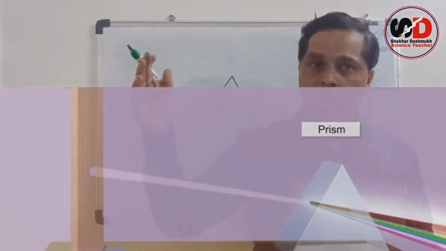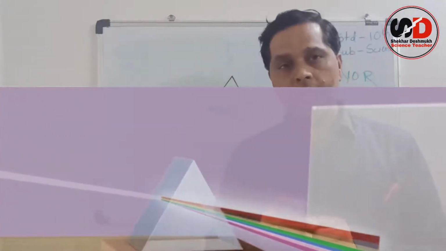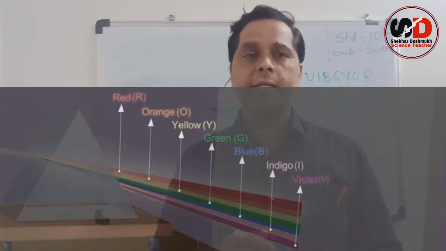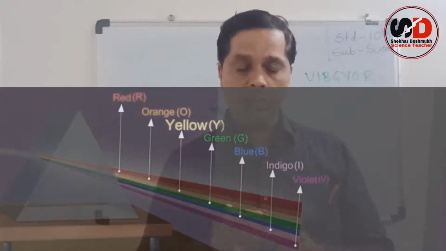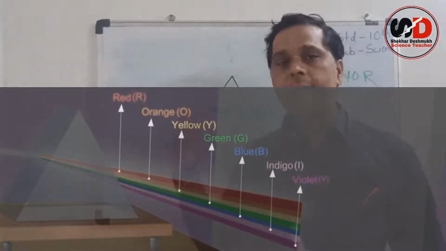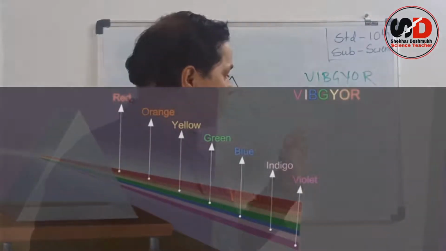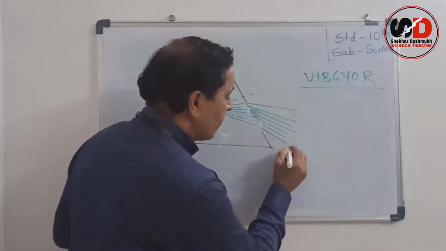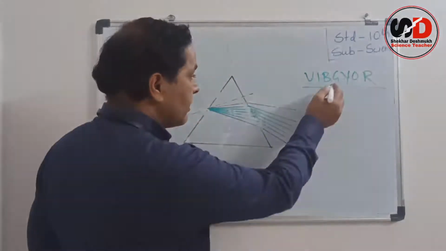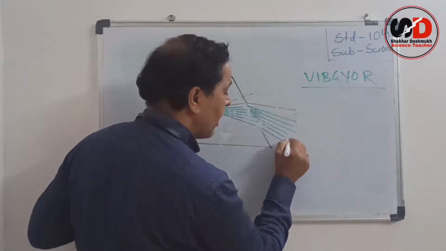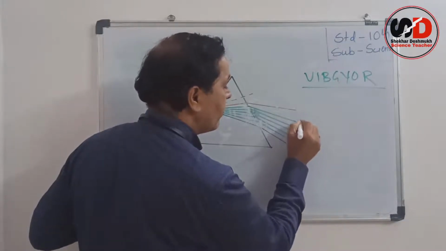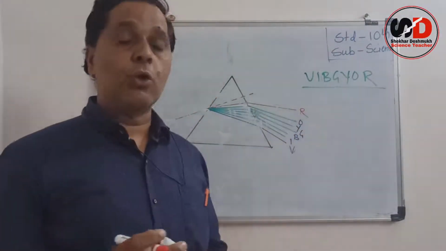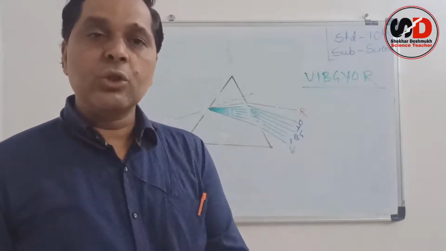So whenever the white light falls on a prism, then as the refractive index for different colors of light is different for a particular medium like glass, therefore all these 7 colors get separated, and it is given by the short form V I B G Y O, and here it is R, Vibgyor. So it is nothing but the short form.